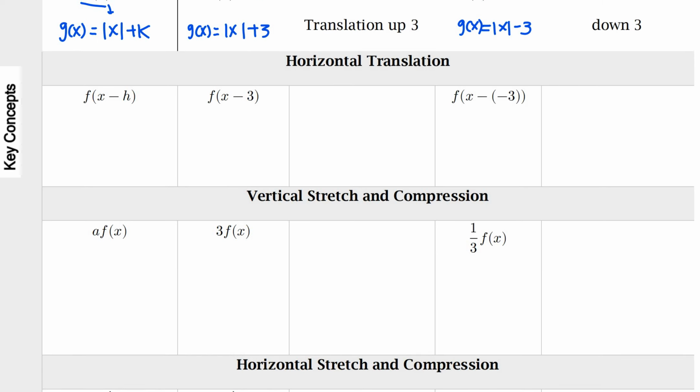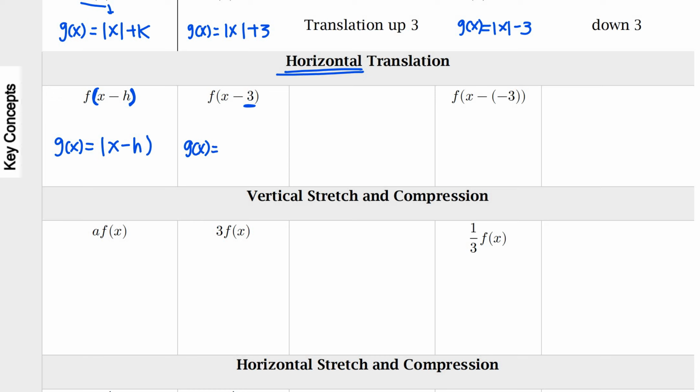Horizontal translation means, look, I always said it, x is grouped with h, so it is a horizontal move, a horizontal translation, side by side. Just like I said, this negative is built in. So let's look at the example. The new function is moved to the right.